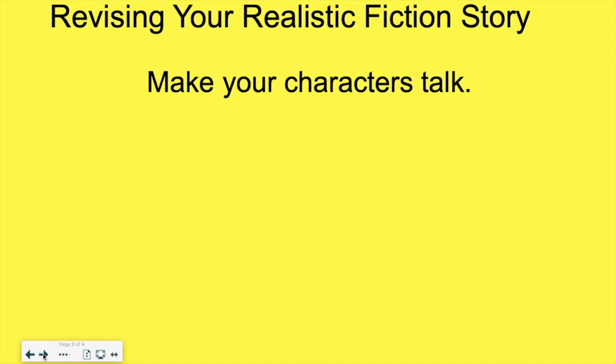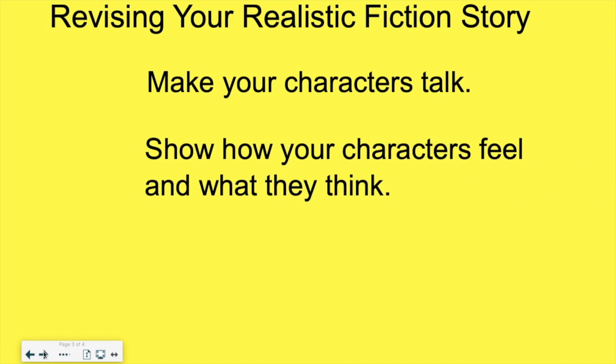Today, I'm going to start revising for something different. It's to show how your characters feel and what they think. That's a really good way to make your characters feel real. So let's look at my story about Fiona going into the treehouse to see how we can revise that to show how Fiona feels and what she thinks.